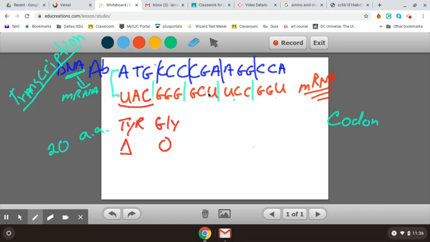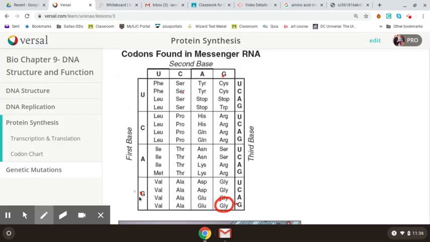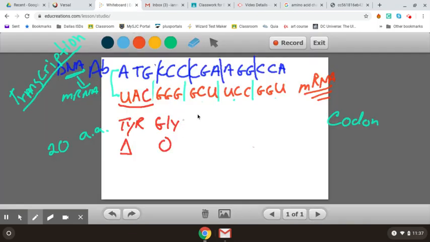Then it says GCU. The ribosome reads GCU and goes to GCU, and that leads us to alanine, ALA. Go back here. ALA. Let's say that is a square shape.